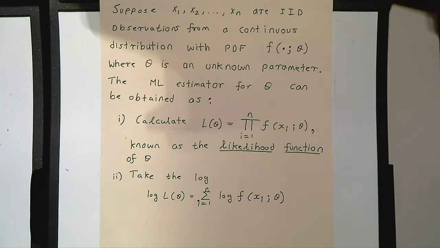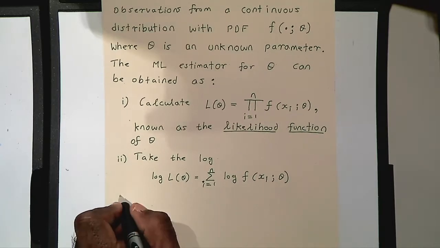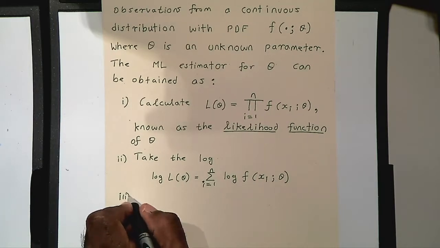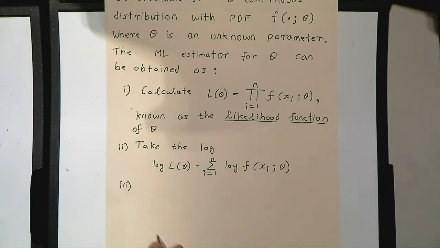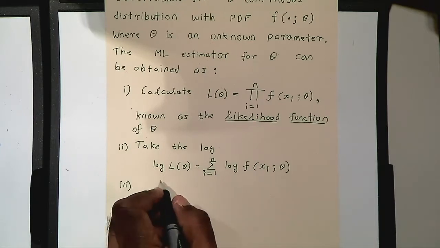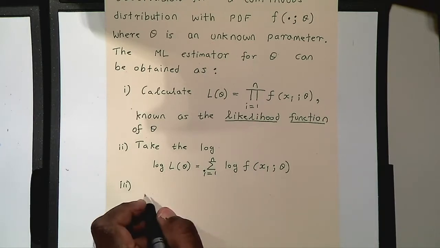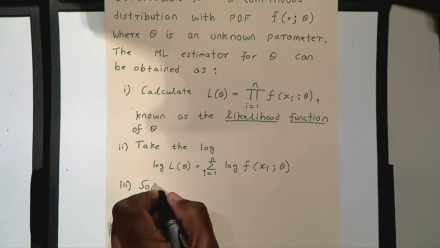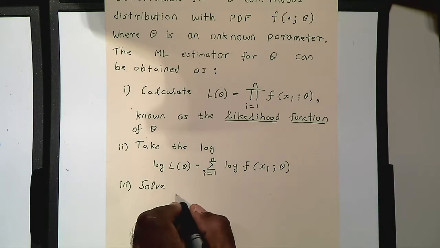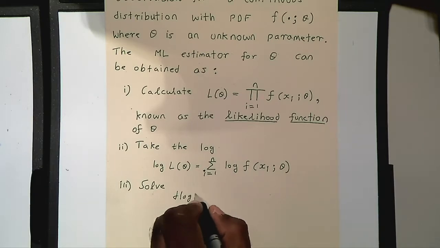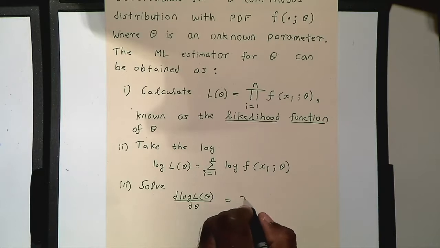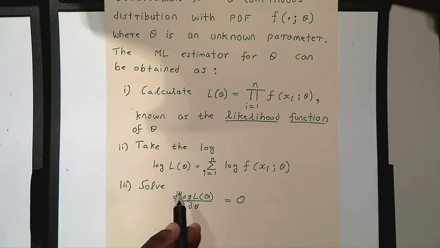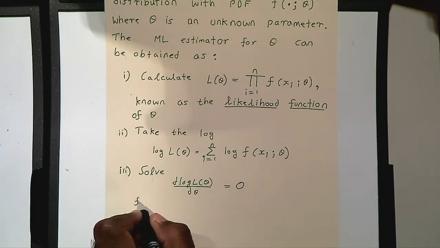And the third step is to differentiate the log likelihood with respect to theta and set it equal to 0. So solve the equation: you take the derivative with respect to theta, set it to 0, and solve for theta.